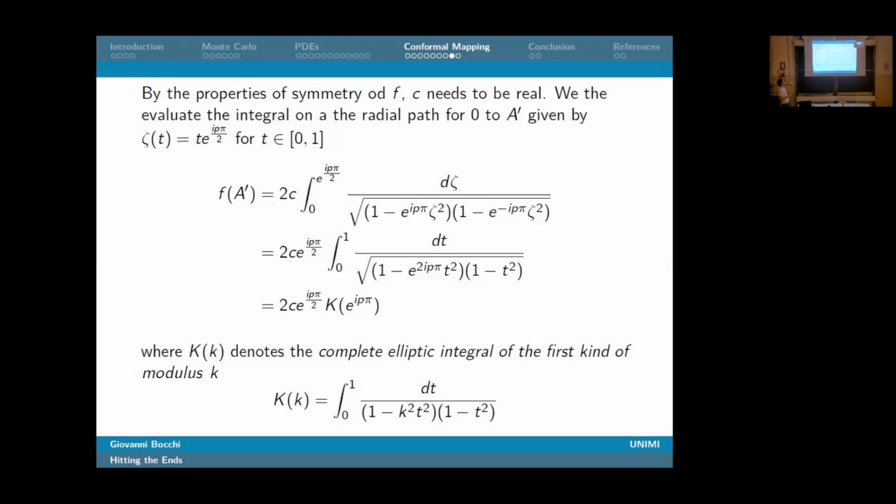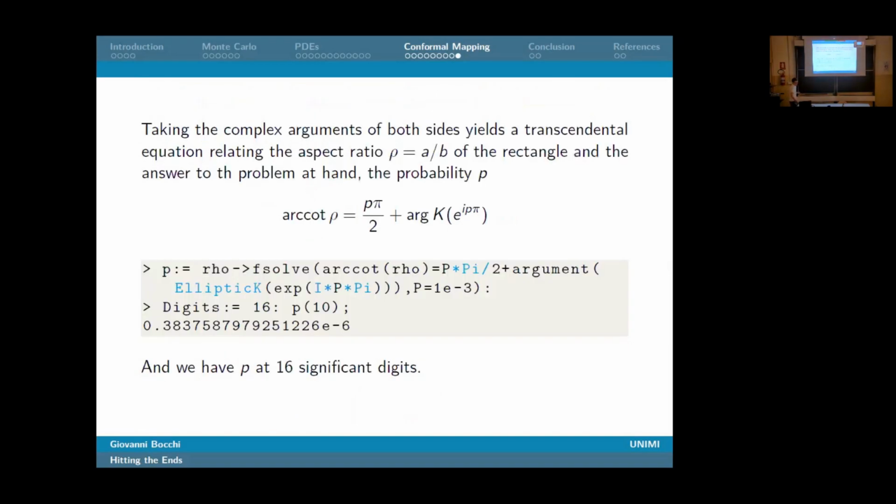So here we see that our k squared is e to the 2 i p pi, and so our k is e to the i p pi. So if we are able to compute this integral, we could then obtain something for p.